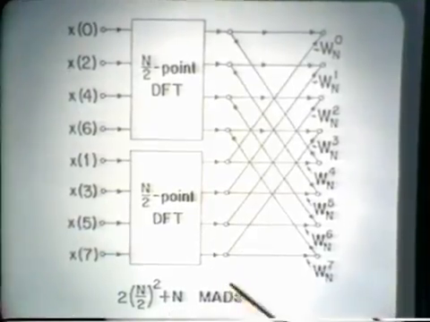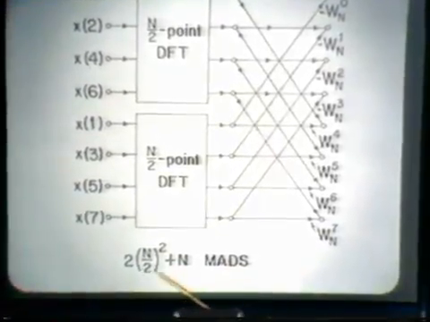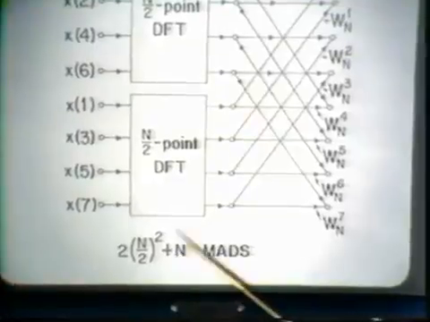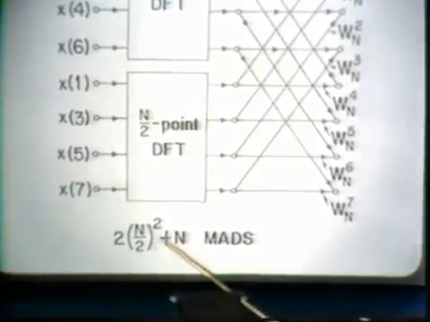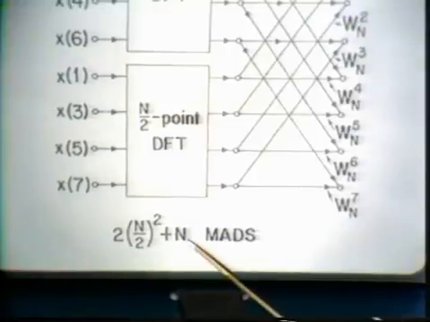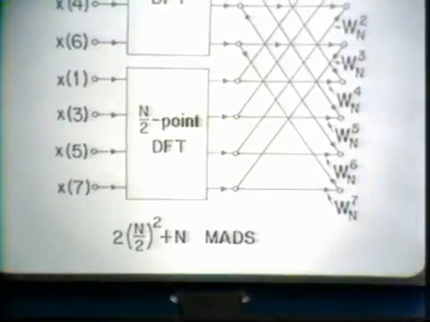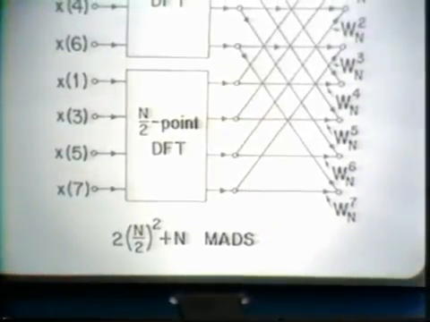We had counted up previously the number of complex multiplies and adds involved, and we found that it was on the order of n plus 2 times (n/2) squared, which is less than n squared. Consequently this is a more efficient way to compute the discrete Fourier transform than a direct computation.